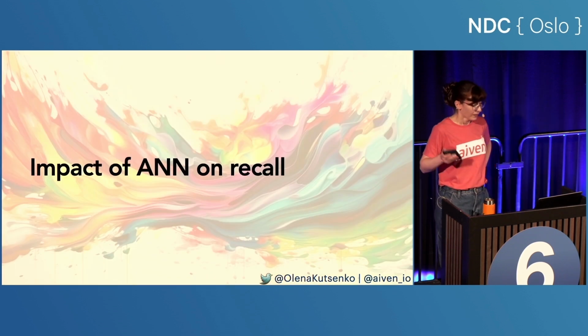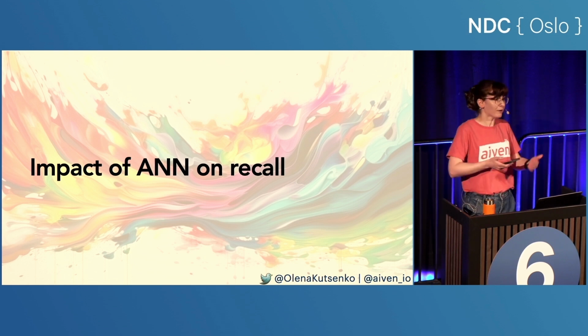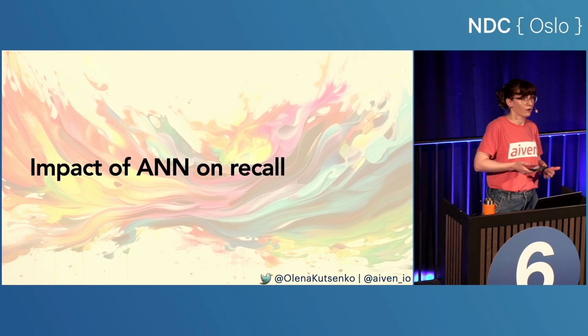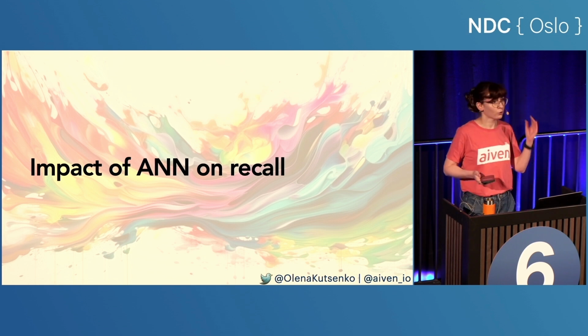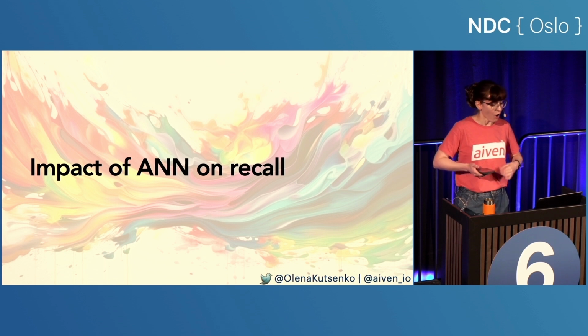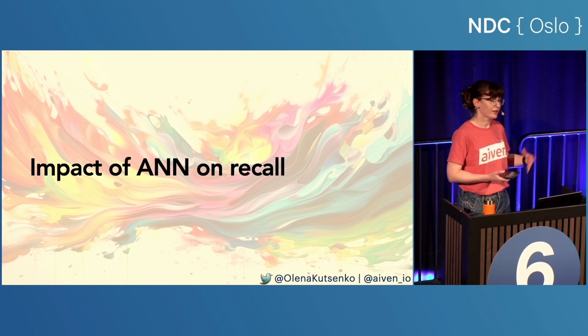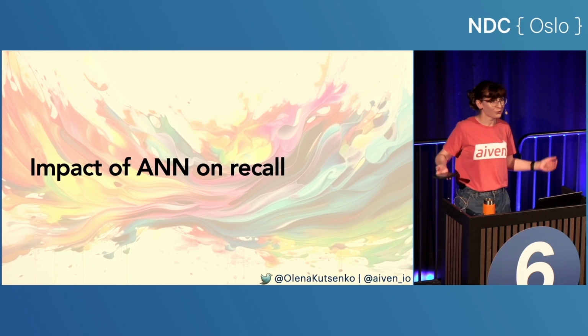So I mentioned a couple of times the recall concept. And apart from the performance, which we of course want to increase, we do care about the recall. Recall is how many of the neighbors which we retrieved during that search are the true nearest neighbors.